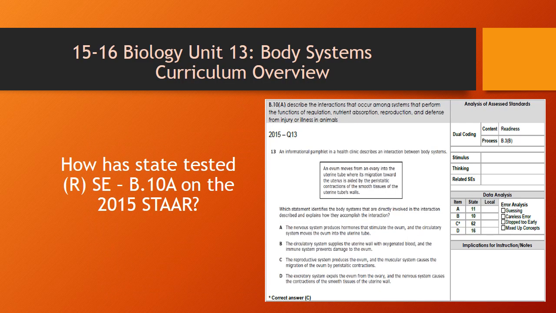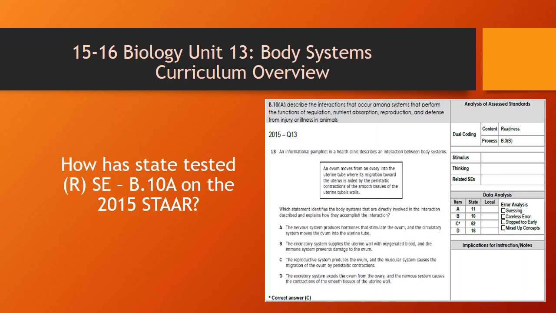So over the next few slides, we're going to look at some STAR questions and see how the state has interpreted the SE, how the state has broken down the SE and developed questions. And looking at 10A, 10A is focusing on the interactions among the organ systems, their functions of regulation, nutrient absorption, reproduction, and defense from injury or illness in animals.